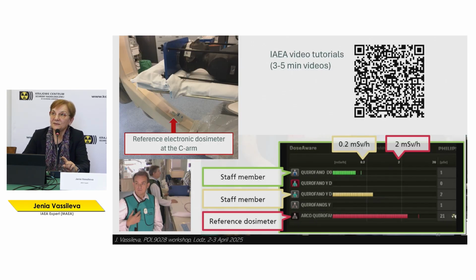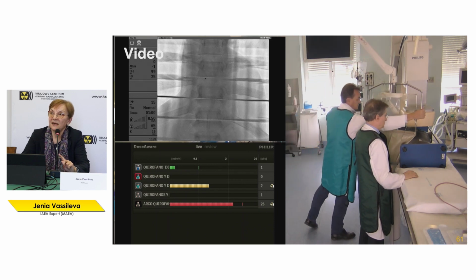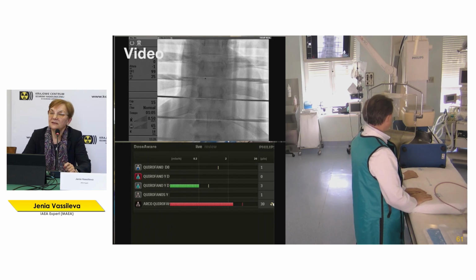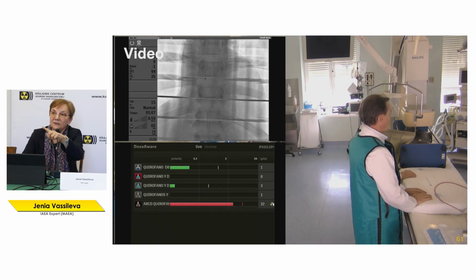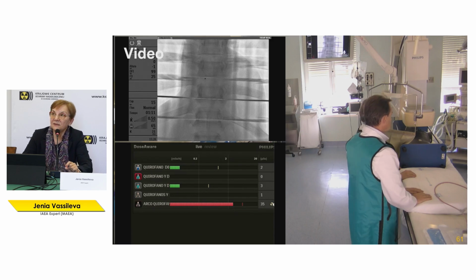In the IAEA video tutorials, you have one video that shows the practical use. I'll quickly play this. You see here, each of the staff members has such a dosimeter. You see the badge on the apron, and the red bar on the left screen is a dosimeter positioned on the C-arm.